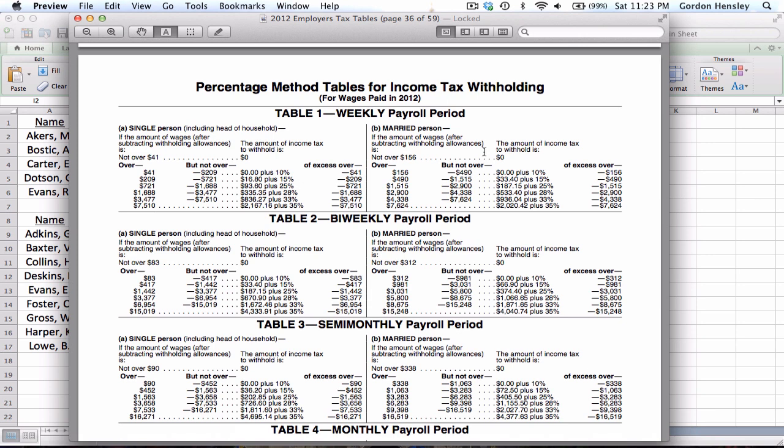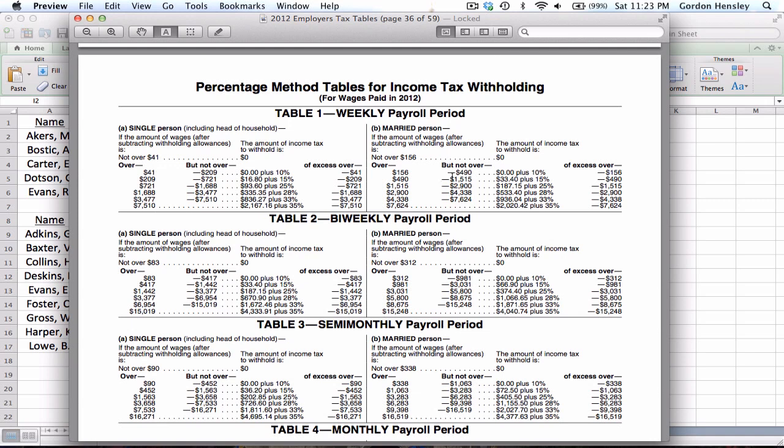Now, in this case, we already calculated the excess amount. It was $1,317.68. What I want to do is find the area where that amount falls. It falls into this second area because it's over $490, but it's not over $1,515. So that's the area where that person's excess income falls.